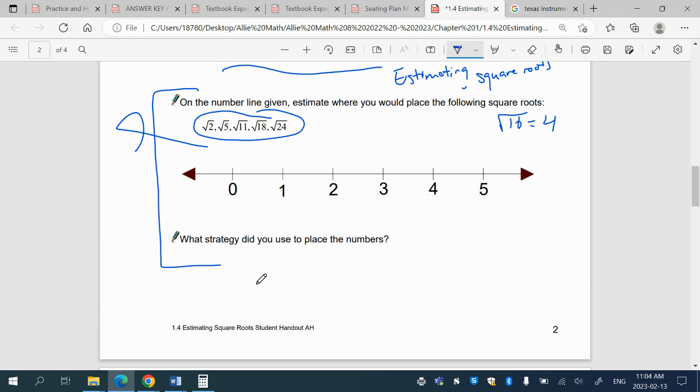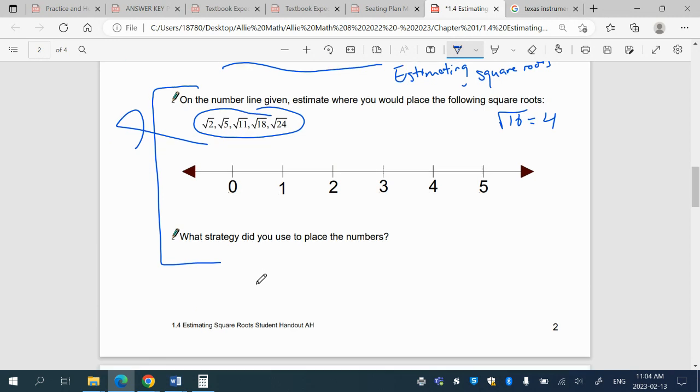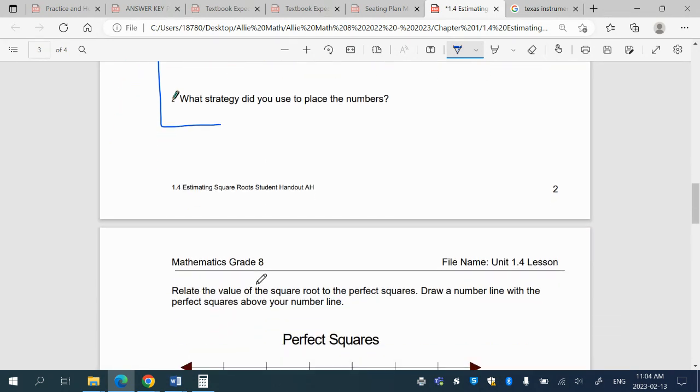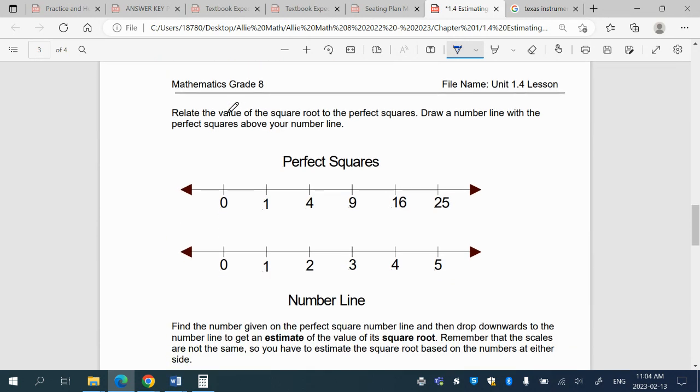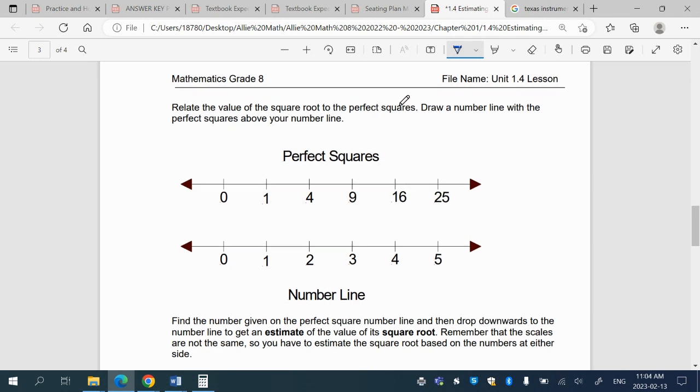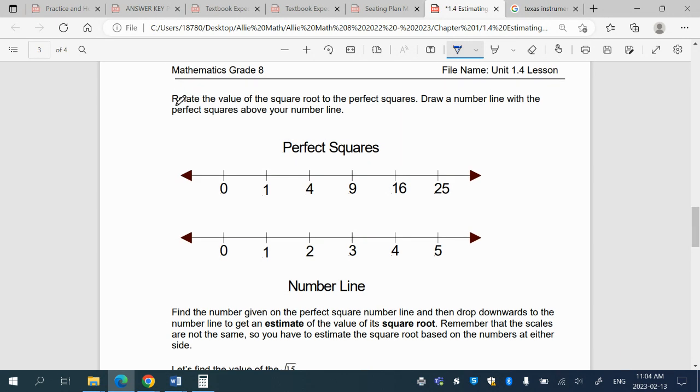So what strategies did you use? Let's skip down to here, and I'll show you. You can relate the value of a square root to the perfect squares. So you can draw a number line with the perfect squares above your number line. This is our perfect squares number line: 0, 1, 4, 9, 16, 25.